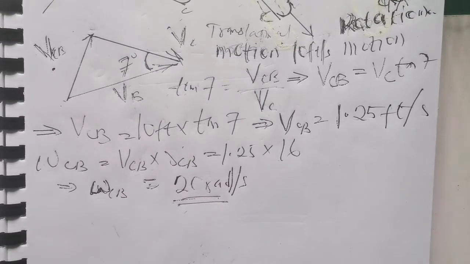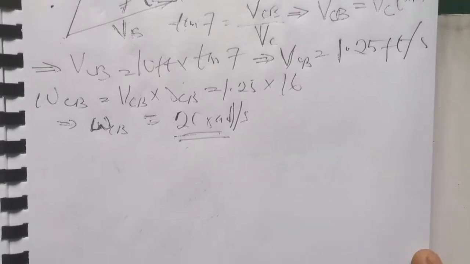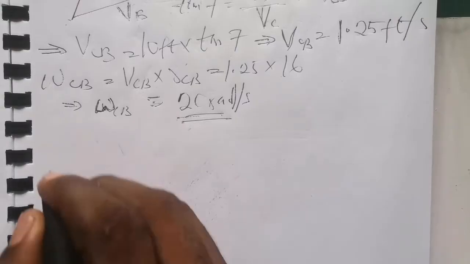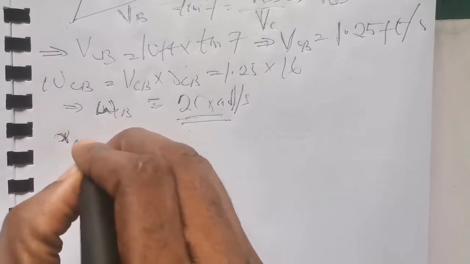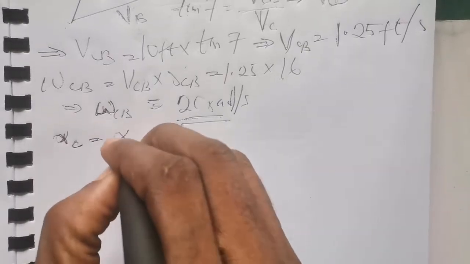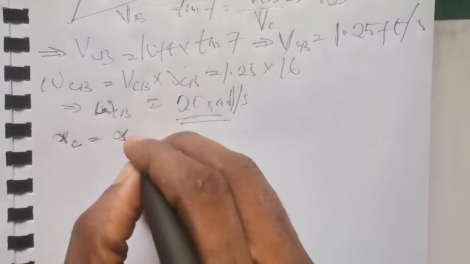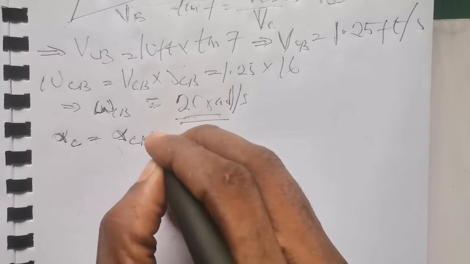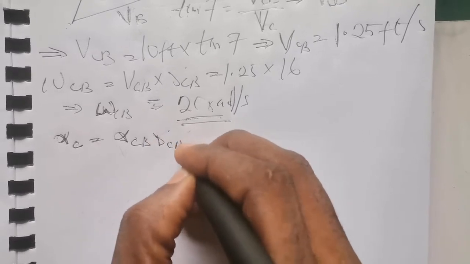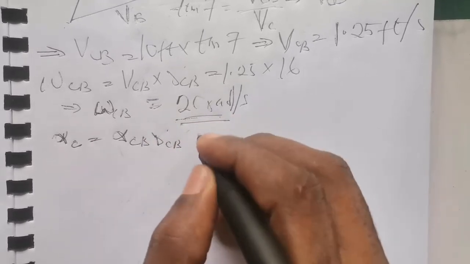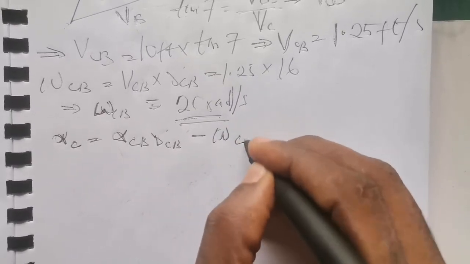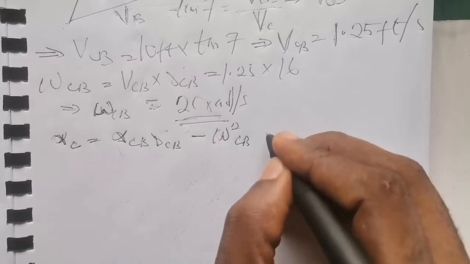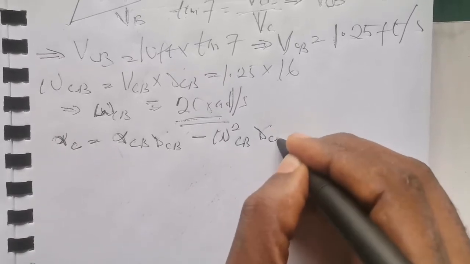Having found the angular speed, the next question says we should find the angular acceleration of that arm. The acceleration at portion C is given as the angular acceleration along CB times the radius arm of CB, minus the angular speed of CB all squared multiplied by the radius arm of CB.